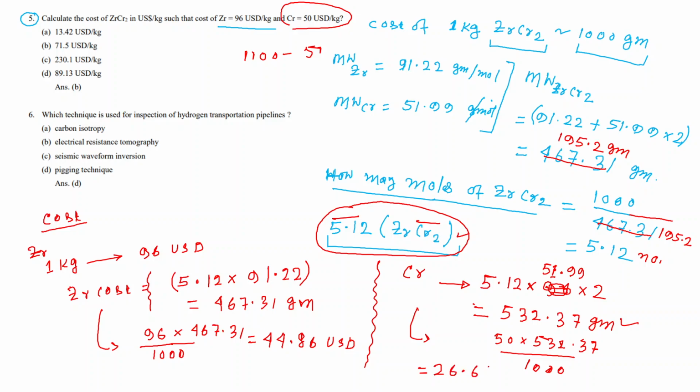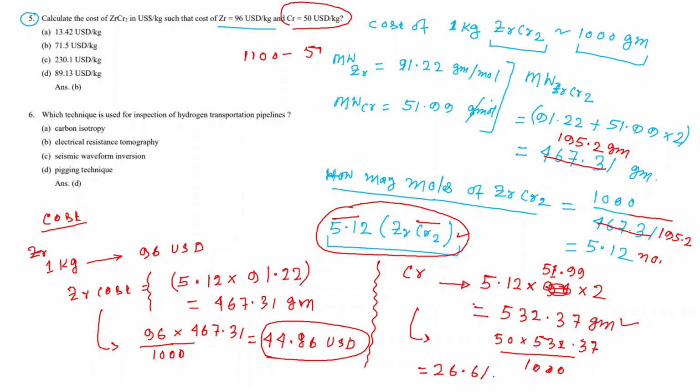It will come around 26.61. There is one formula the ma'am has already displayed in her PPT slide, but this is the basic thing for calculating any mole to mass, mass to mole, and for any reaction, for any molecular weight calculations. This is required, that's why you should understand.